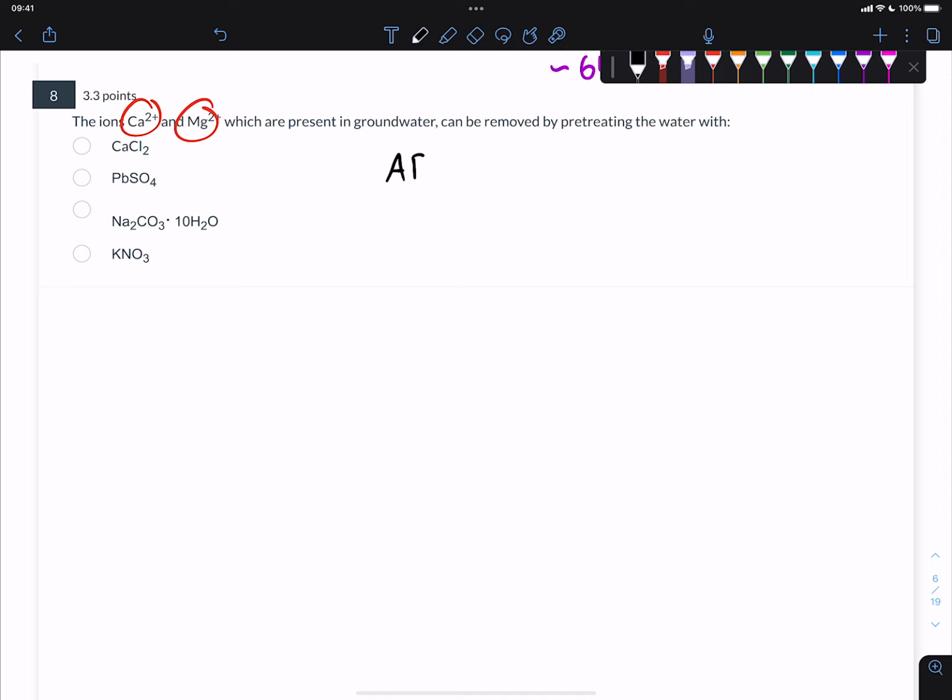You have AB, some ionic aqueous solution, and you mix it together with CD, and you get AD plus CB, where A and C are the cations, and B and D are the anions. Notice how they switch the cations that they're with.